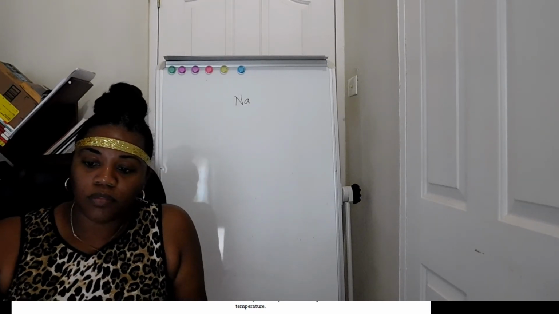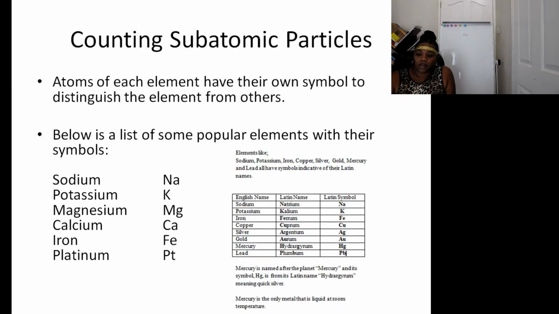Okay? So elements like sodium, potassium, iron, silver, copper, gold, mercury, and lead all have symbols indicative of their Latin names. The Latin name for sodium is natrium, and that is where you have the symbol Na. Potassium, its Latin name is kalium. That's where you have the symbol K. That's why these symbols don't match their English names, because they kept their Latin symbols.